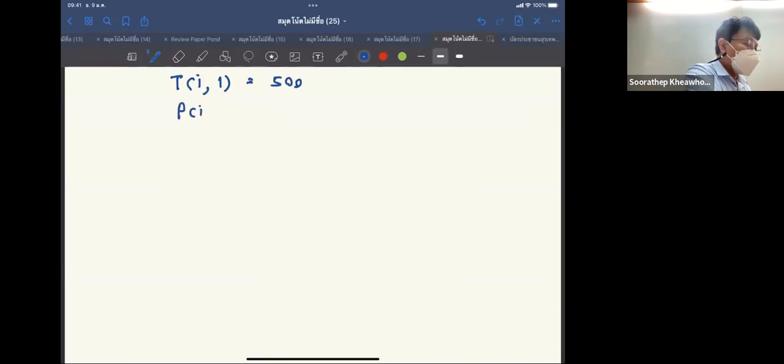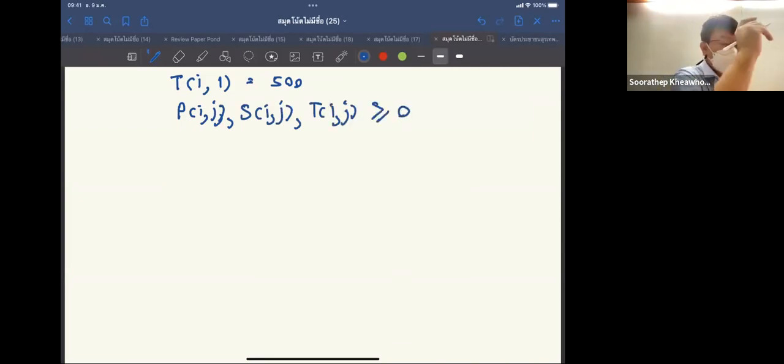Pij, Sij and Tij must be greater than or equal to 0. Yeah, and the most complicated one is the hardness. The hardness of oil must be between 3 and 6.